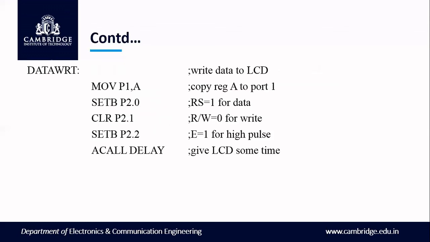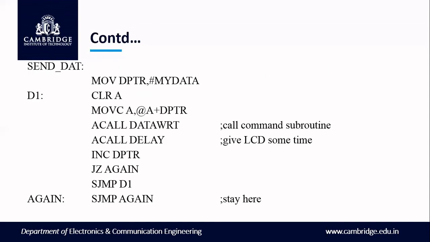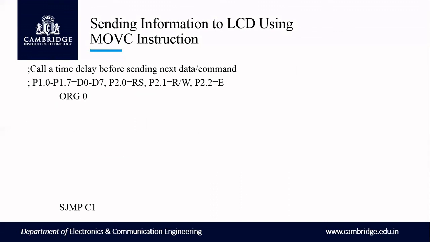So going back to the main code. Here, first you are writing ORG 0, then in DPTR you are taking the starting address of the lookup table, then you are clearing A. So get the first 8-bit data which is there in the starting address.